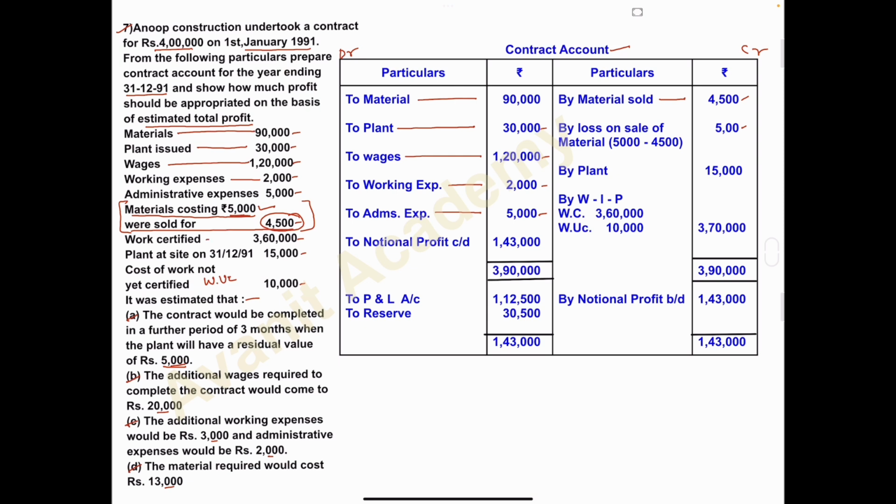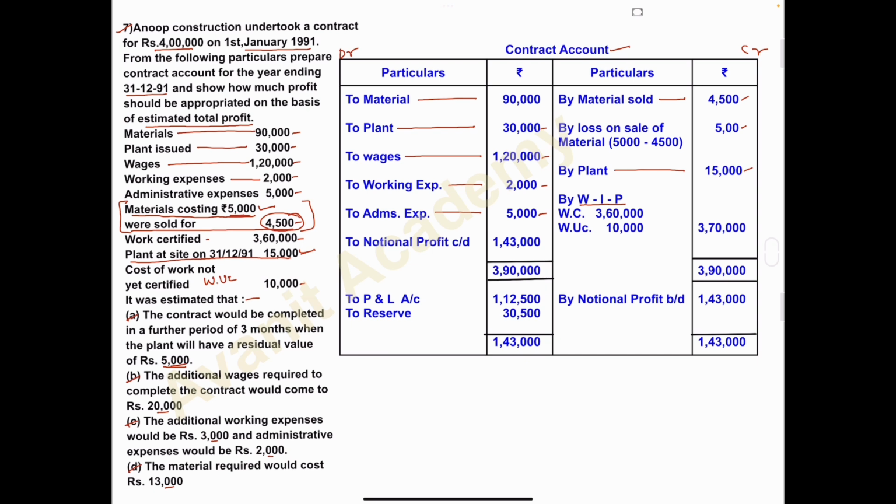Okay, work certified we'll see later. We'll take it later on. Plant at site on 31st December. So this is the closing value of plant. We'll write on the credit side, by plant, and the value is 15,000. Next, by work in progress. In work in progress, we have to take work certified and work uncertified.